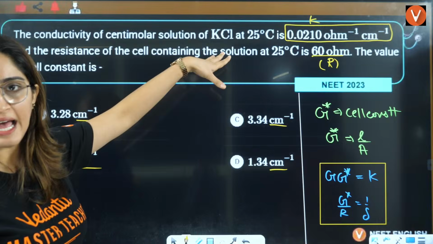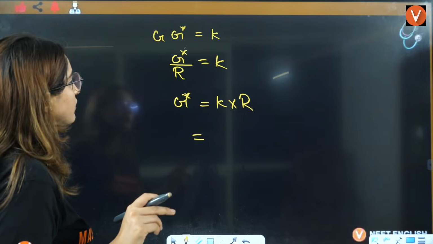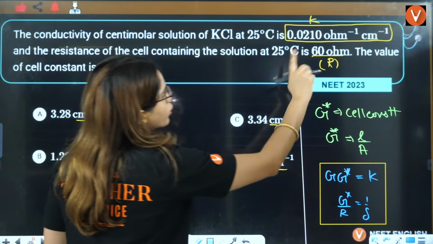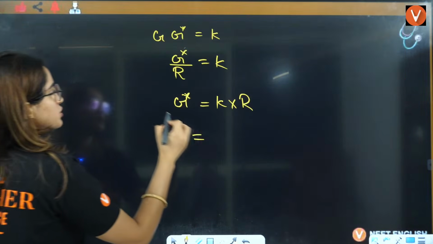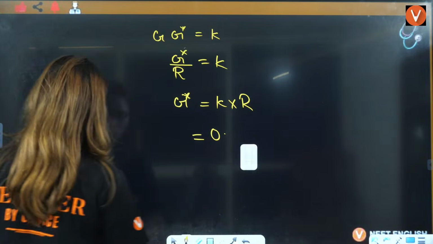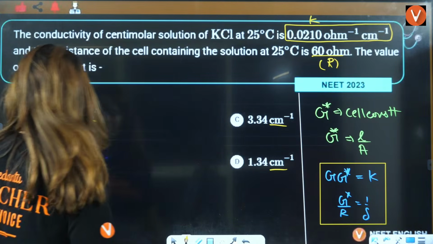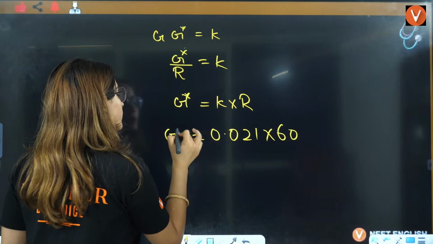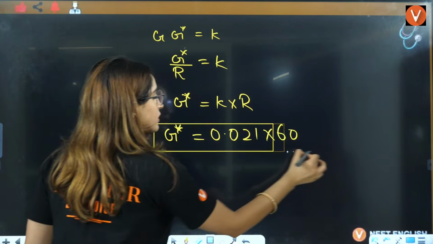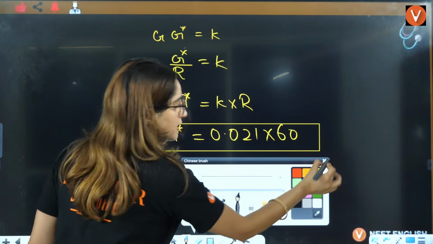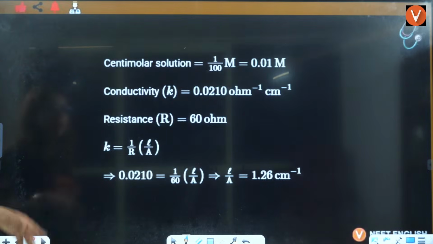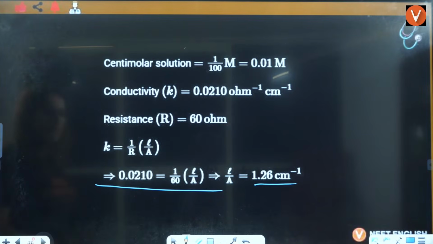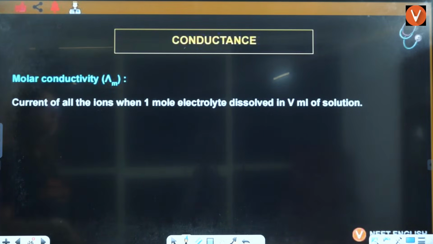Ohm, per ohm will cancel. The answer will be in centimeter inverse only. This is 0.021, this is 60. So 0.021 into 60 is going to be the answer for G star, that is cell constant. After equating this, you will have your answer, that is 1.26 is the correct answer here.